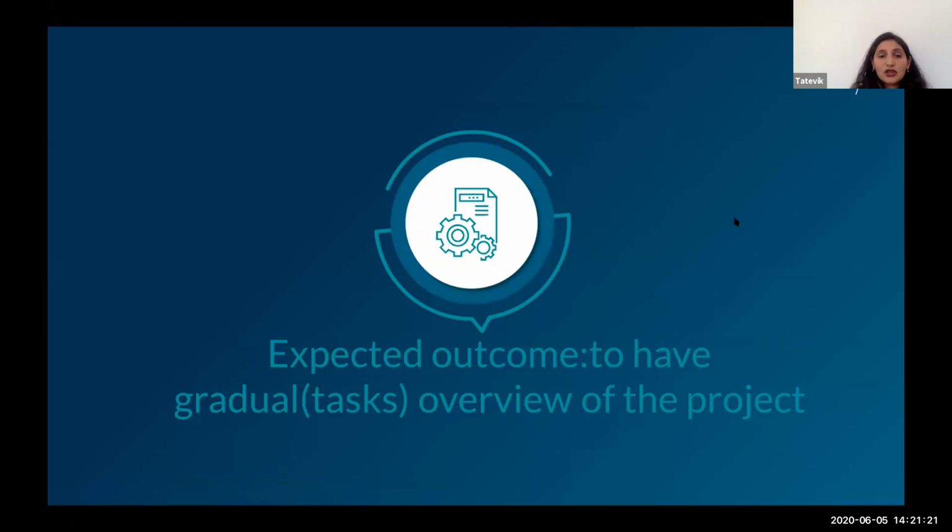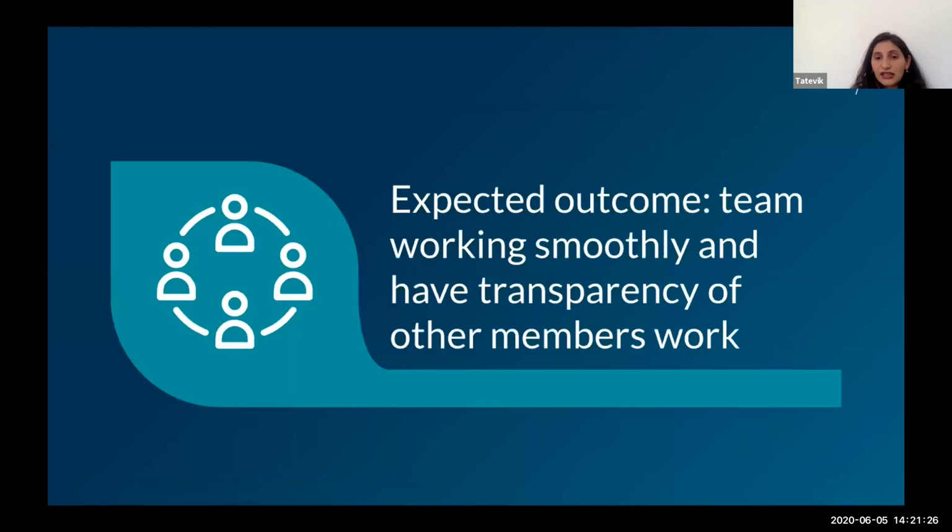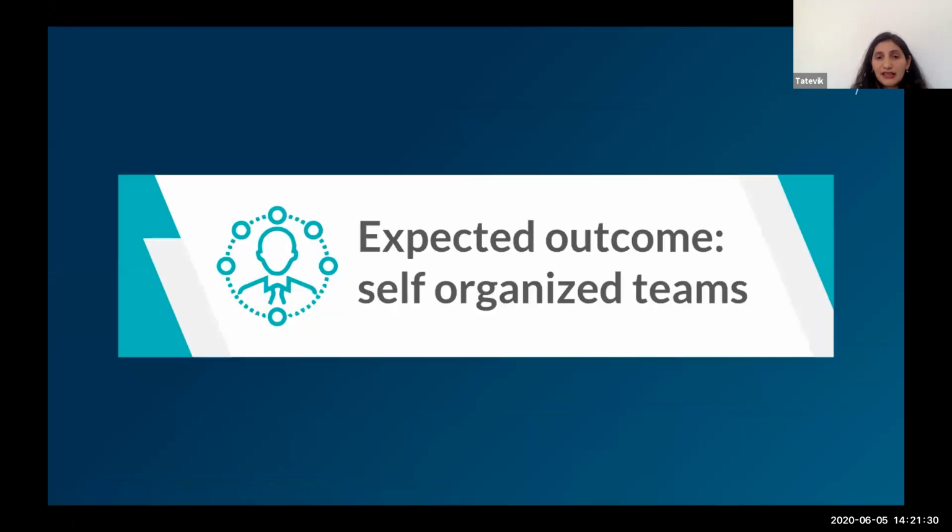So actually we are having a gradual overview of the project. We are getting the team working smoothly and having transparency, and we are getting self-organized teams, which is really something that I think a lot of companies have been trying to achieve for a long time.